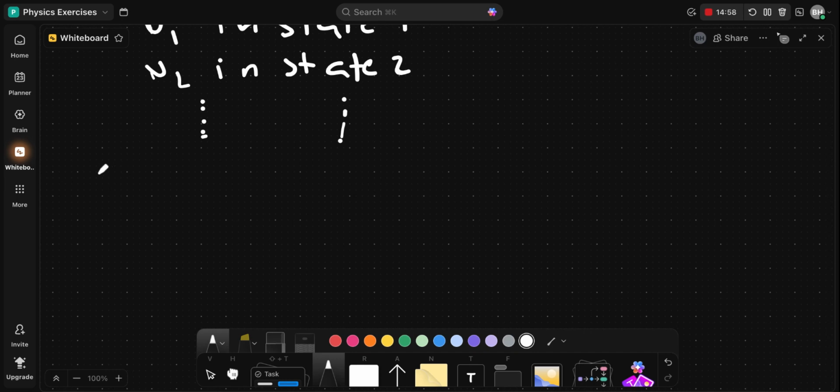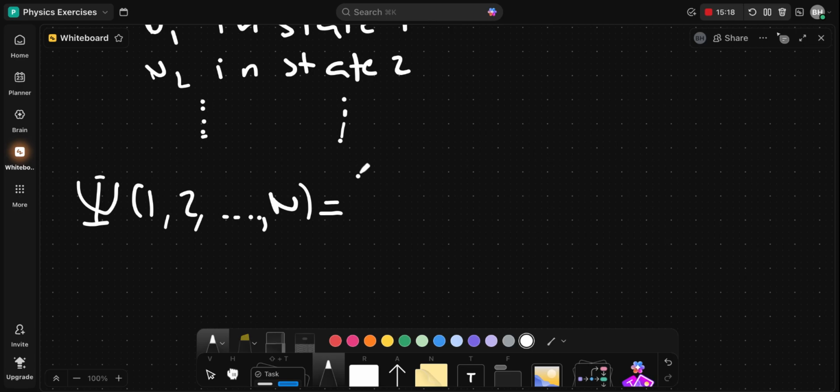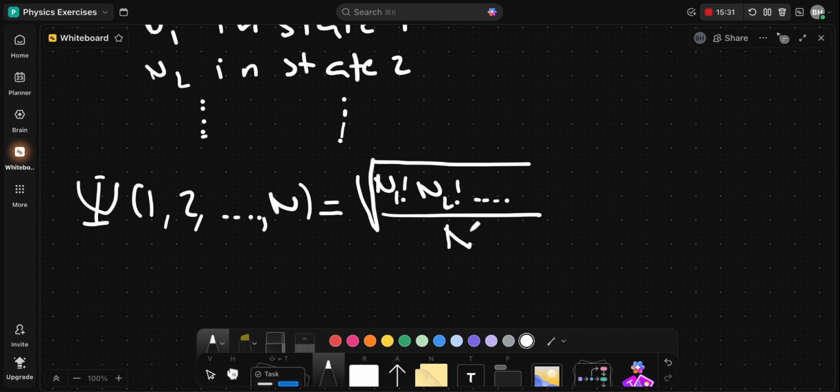And maybe what I also do is normalize it. So I have my psi, and my psi is 1, 2, etc., n, and it's going to have a normalization constant, which is going to be the square root of n1 factorial, n2 factorial, etc., divided by n factorial.